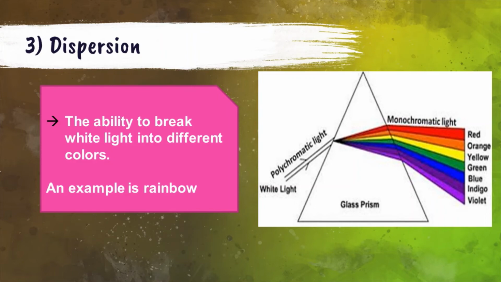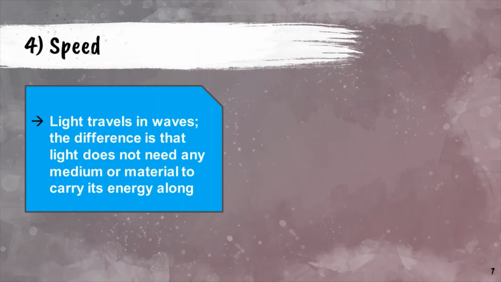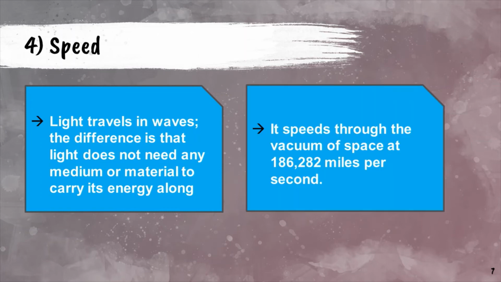An example of dispersion is a rainbow. Speed. Light travels in waves. The difference is that light does not need any medium or material to carry its energy along. It speeds through the vacuum of space at 186,282 miles per second.